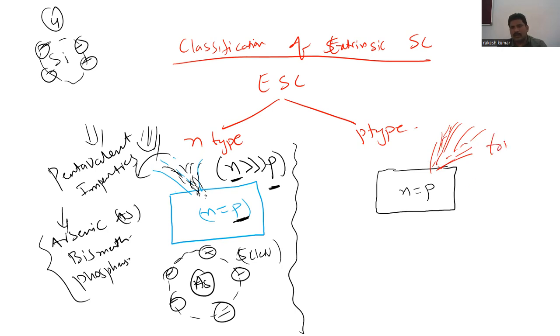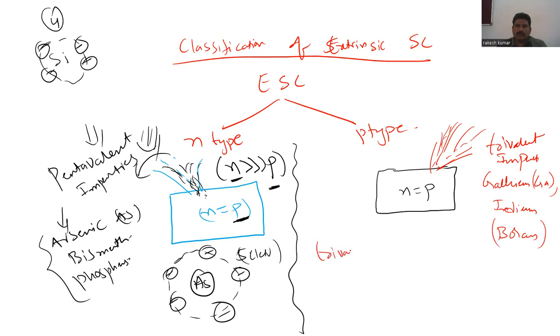Here we are going to add trivalent impurities. What are the examples of trivalent impurities? Gallium, indium, boron.